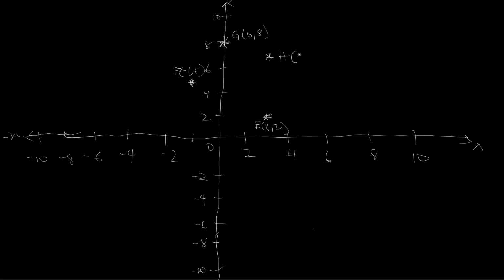So H is (3, 7). So joining them, we have this, this, this, and this.